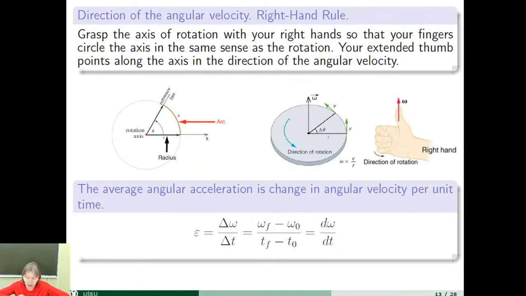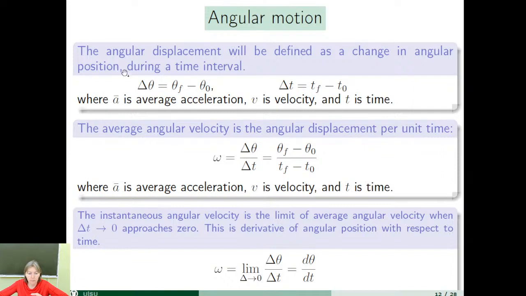Changing the angular position of the reference line from theta first to theta second, the body undergoes an angular displacement, delta theta, given by delta theta, look here, is final minus initial position. And delta t is the final time minus the initial time.